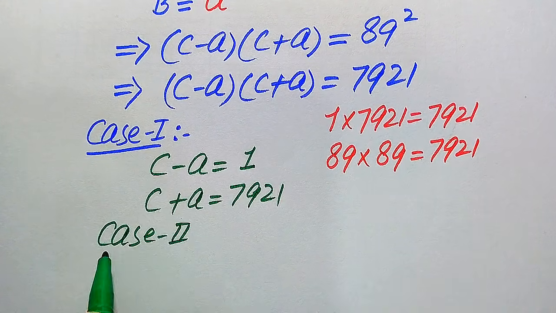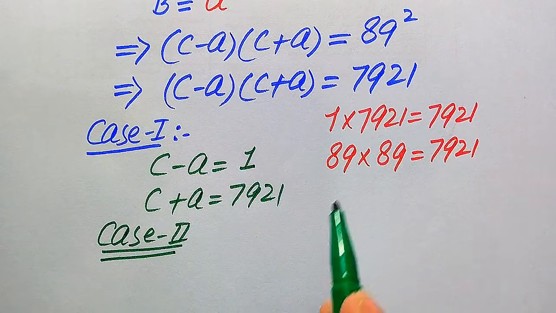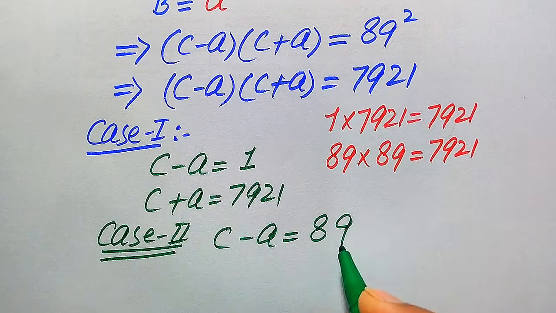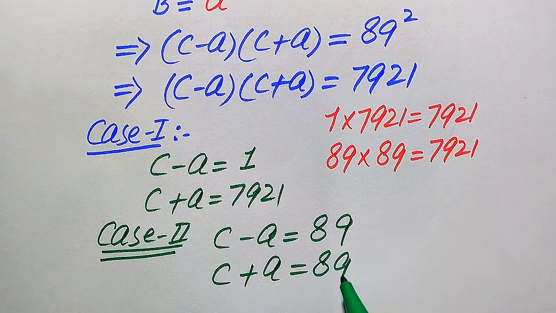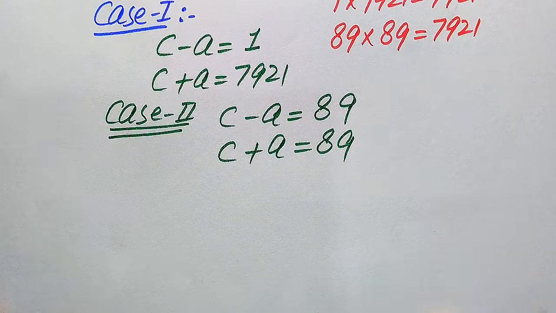And the second case is that we compare these two factors with these two numbers, and it is written as c minus a equals 89 and c plus a also equals 89. So first we need to focus on case number 2. First we can solve case number 2 here.